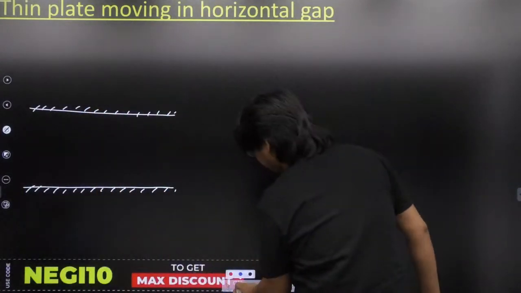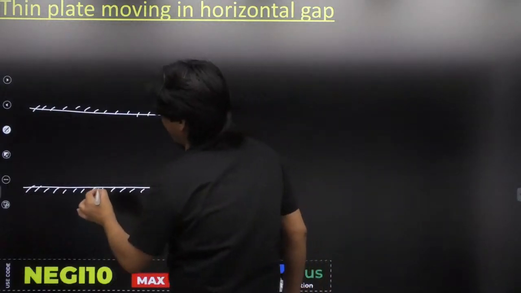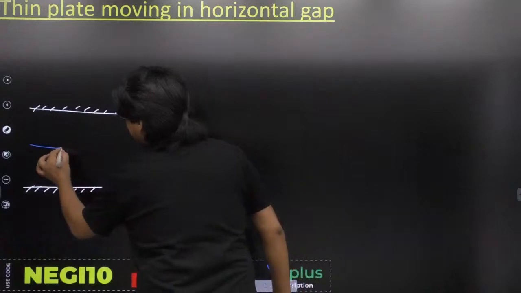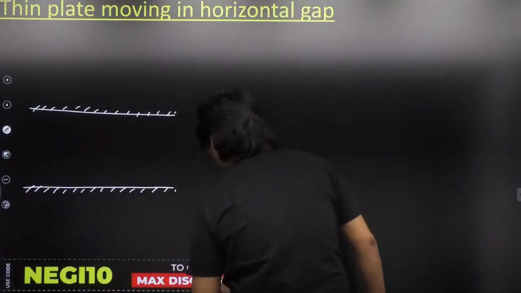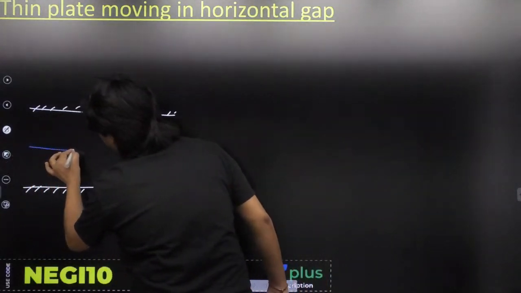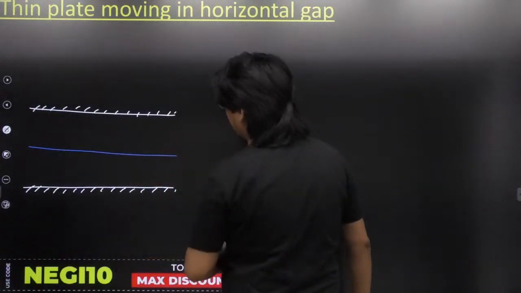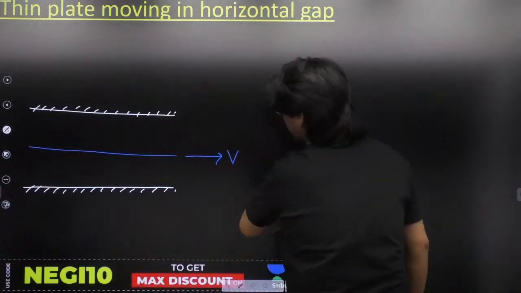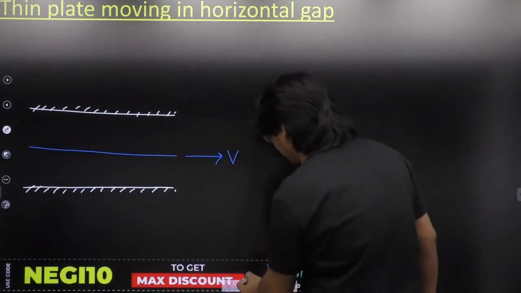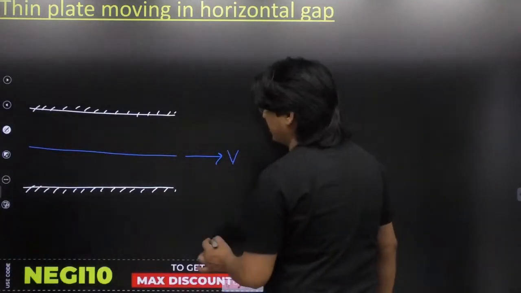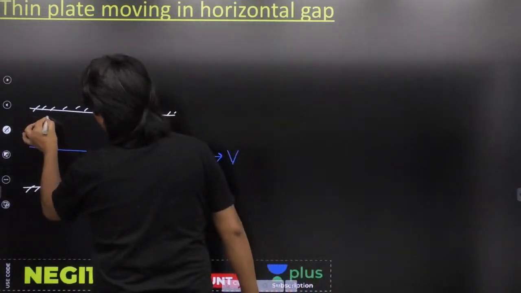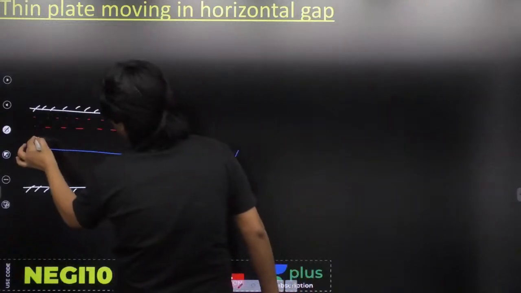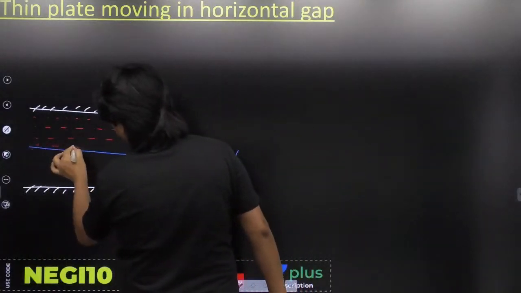Now listen carefully. Let us suppose I am having a plate like this. Please observe. Let me say this plate is moving with the velocity v. Now listen carefully. Let me say here I am having some fluid.